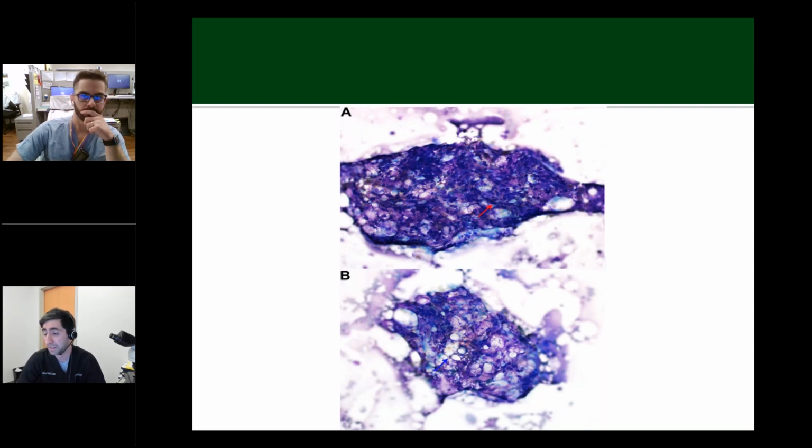In part B, fat droplets are often seen in the background, but individual adipocytes with lipid vacuoles and small eccentric nuclei may be seen with tissue fragments as well. That's the blue arrow in part B.